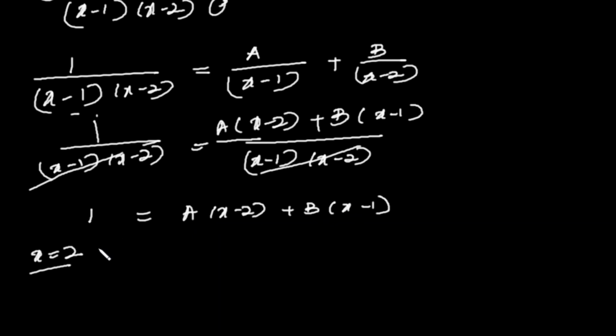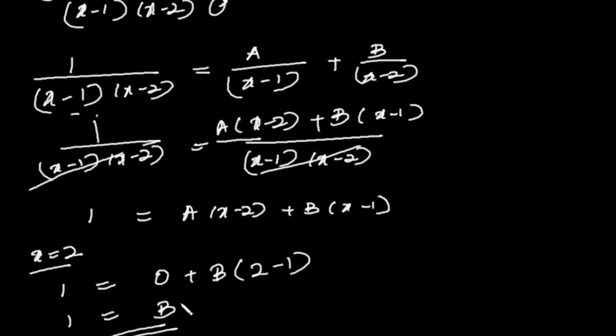So I will substitute x equals 2: then 1 equals 0 plus b(2 minus 1). Here 1 equals b times (2 minus 1), which is 1, so b equals 1. Can you understand? Okay, b equals 1.